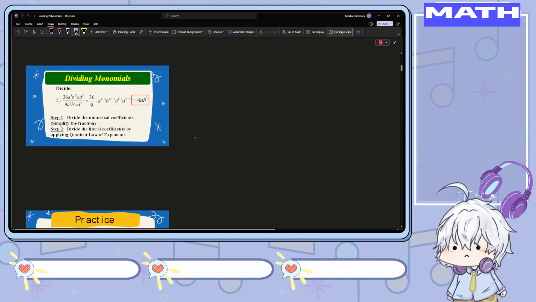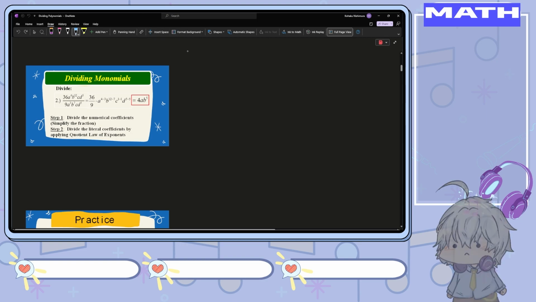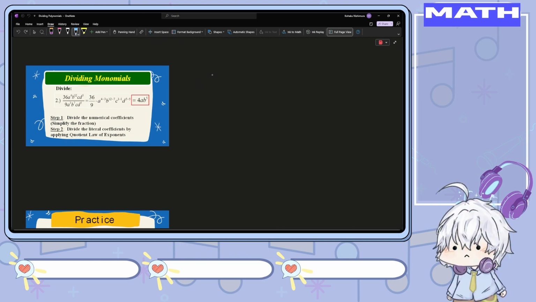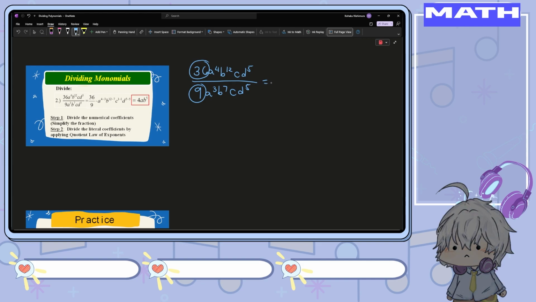So, number 2, if we have a lot of arrays of numbers and variables like this, let's do them one by one. First, 36 a to the 4th, b to the 12th power, c, d to the 5th power, all over 9 a to the 3rd power, b to the 7th, c, d to the 5th power. First things first, the numerical coefficient, which is 36 divided by 9. The answer is 4.